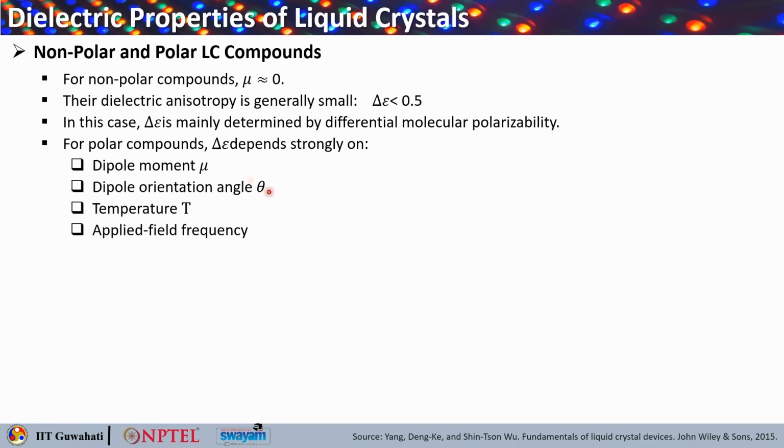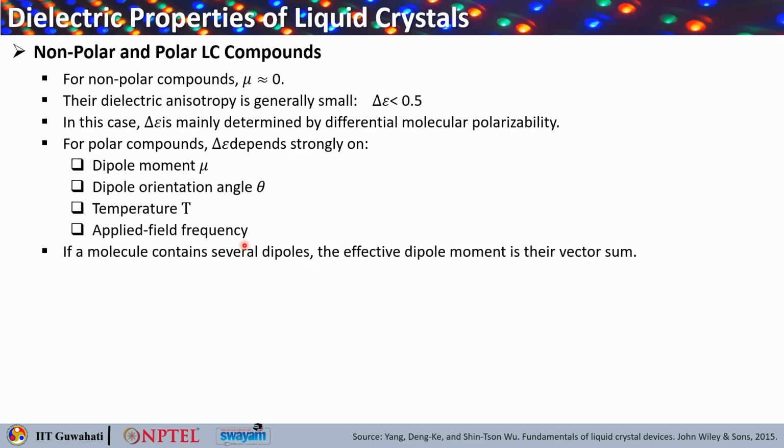For polar compounds, delta epsilon strongly depends on mu, the dipole orientation angle theta, temperature T, and also the applied field frequency. If a molecule contains several dipoles, the effective dipole moment will be their vector sum.